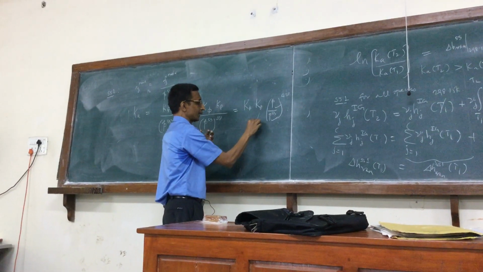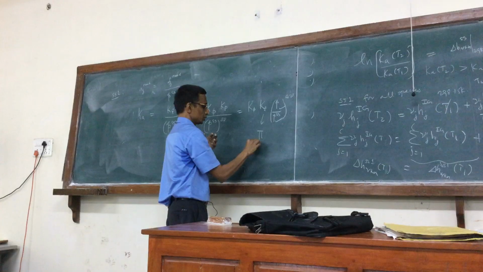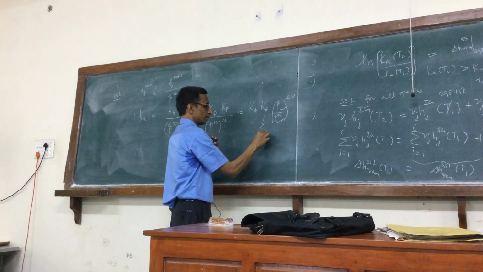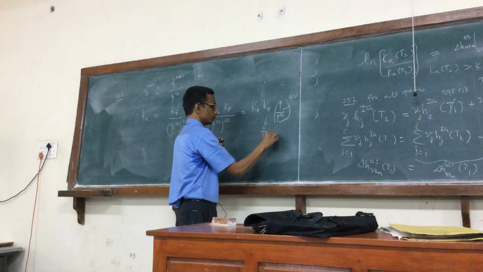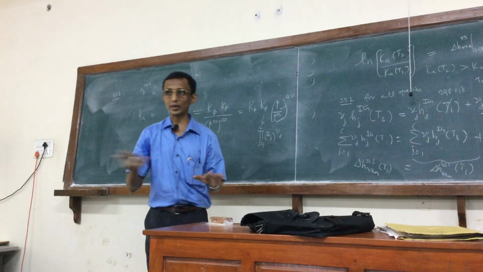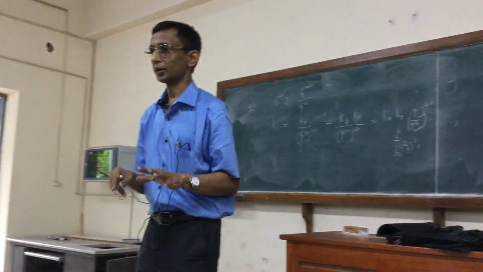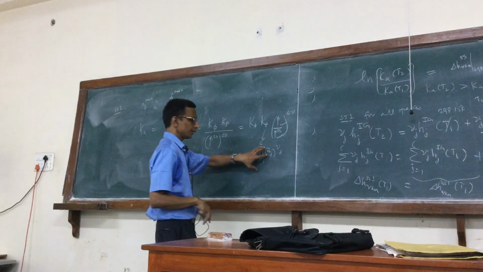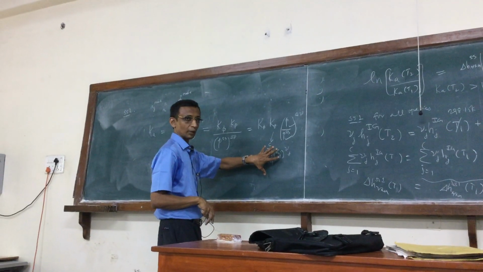Now what is Kz? It is the product over j equal to 1 to C of z_j raised to the power mu_j. Now none of that I know. Right? So there seem to be C variables, or rather C minus 1 variables.